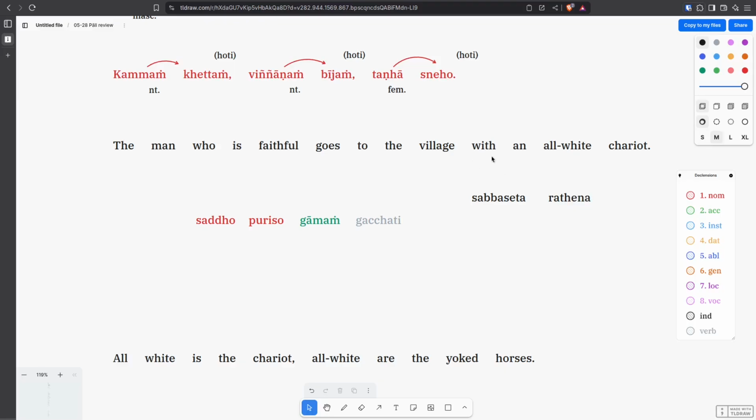So with the chariot, this will be blue, and the adjective agrees with the noun. So sabba setena ratena. And this usually goes before the action. So saddho puriso sabba setena ratena gamam gacchati. Okay, that was fairly good.